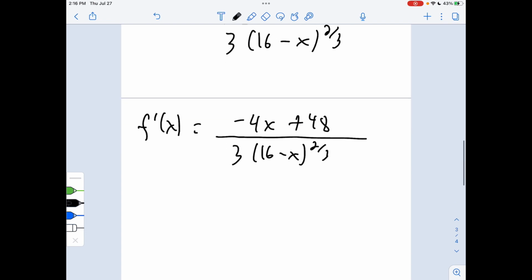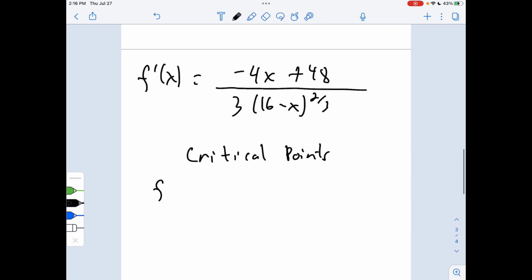Now, for critical points, there are two types. Where the derivative equals 0, that's what we call a stationary point, and where the derivative is undefined but for which f of x is continuous.